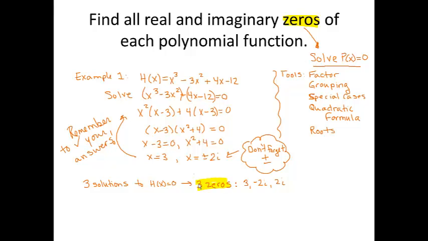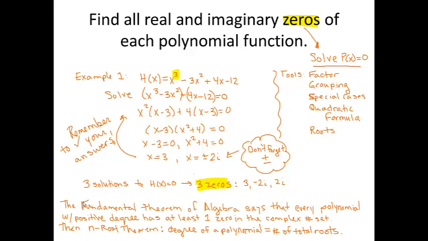So this brings up a couple good points. One is that I was able to find 3 zeros and that I was given a cubic function. If I'm ever given any function at all, we have 2 theorems. One is the fundamental theorem, which says that I'm always going to have at least 1 zero in the complex number set.